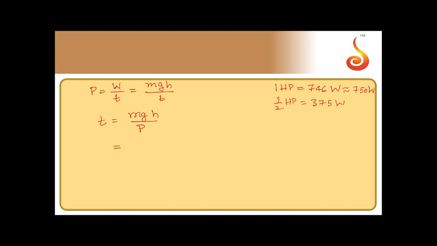So 1500 liter of water means 1 liter of water can be taken as 1 kg. So 1500 kg into 10 into depth of the well is 100 divided by 375.